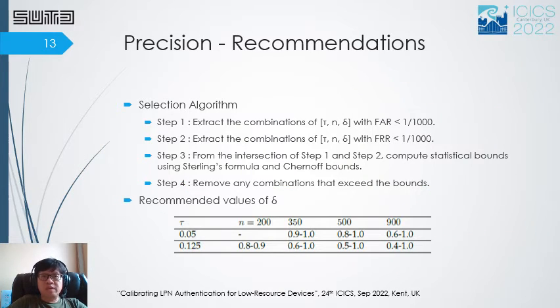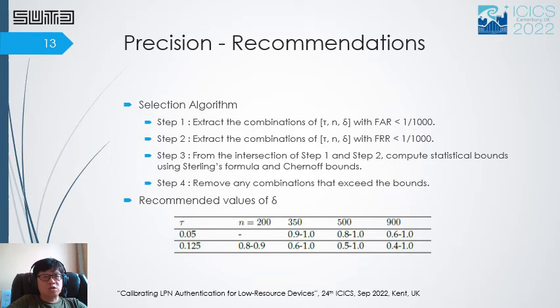So can we find good parameter values? We extracted combinations of noise rate, sample sizes, and delta where FAR and FRR are 0 for all 1,000 simulations. We chose only combinations that pass both the FAR and FRR.